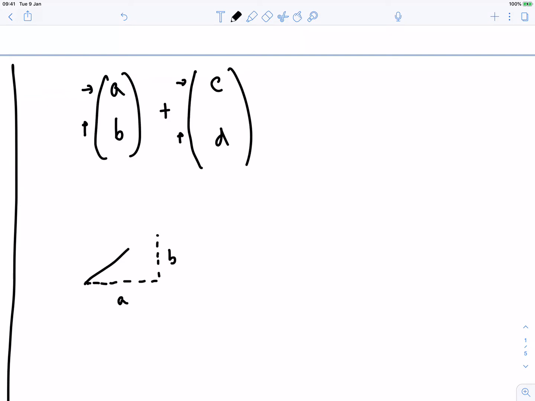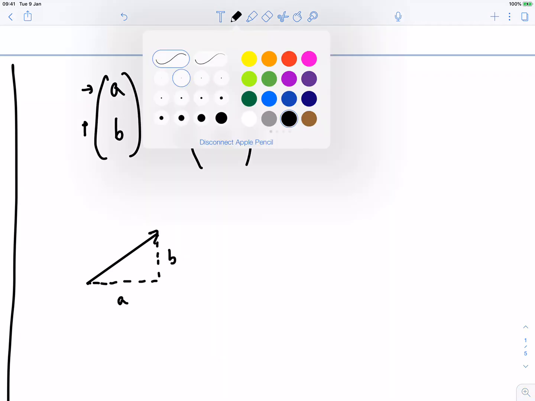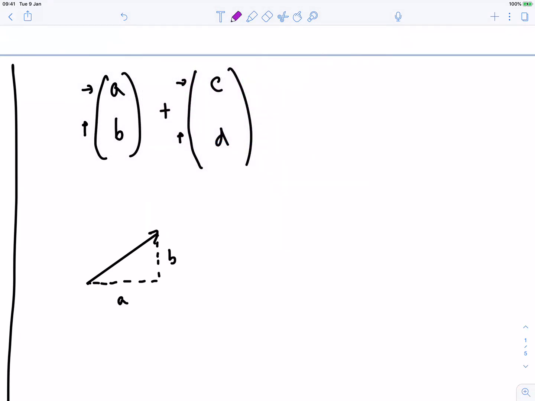So it's going to look like this, an arrow like that. And then I add the CD vector, which is C along and D up, like so. And I put that tail on the end of it.